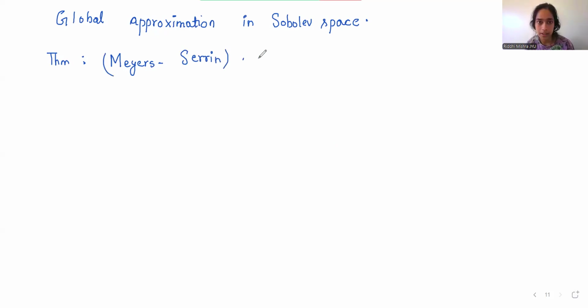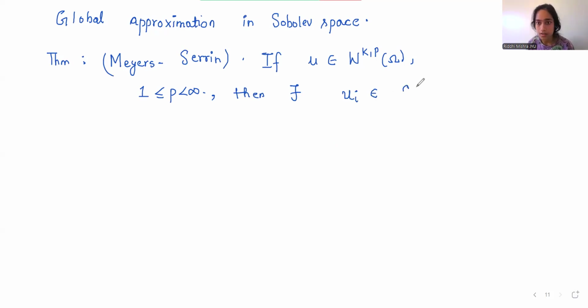The statement is: if u is a function in the Sobolev space W^{k,p}, then there exist functions u_i which are smooth, but this smoothness is not arbitrary.